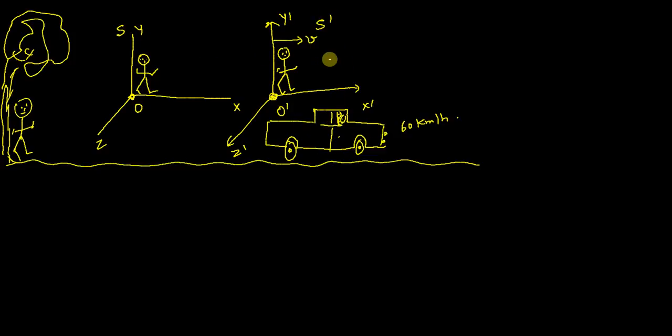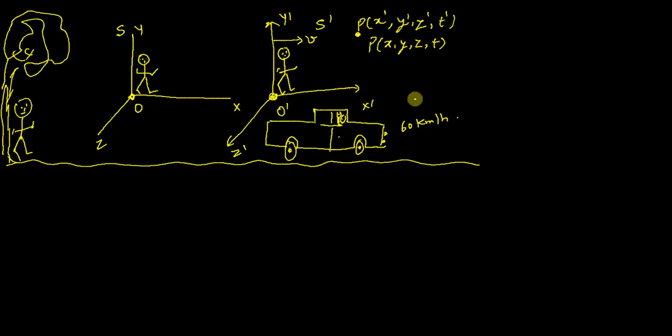Now a bomb explodes here in the S prime frame, right? According to the O prime observer, the coordinates will be x prime, y prime, z prime. He will say that the bomb exploded at this particular position and at this time, and the man standing across the road will say that it happens at x, y, z and time t.